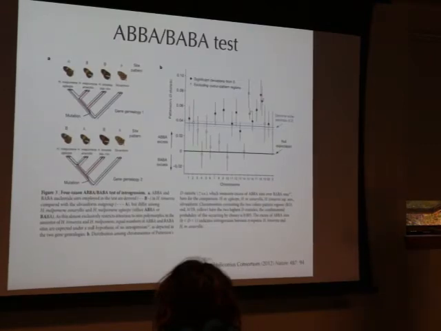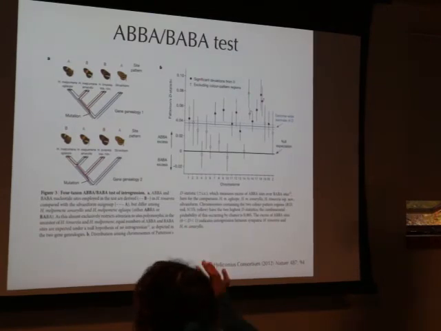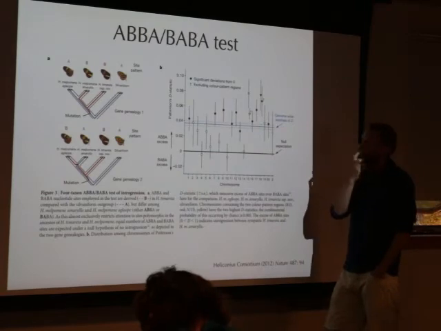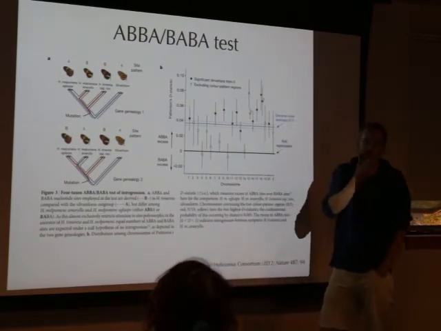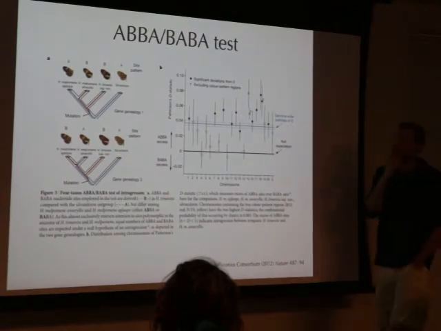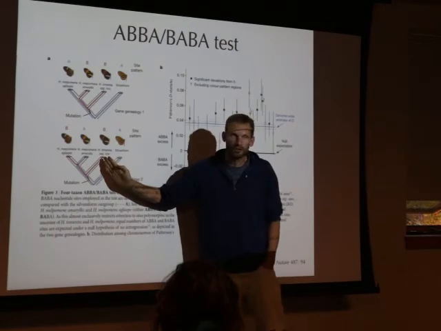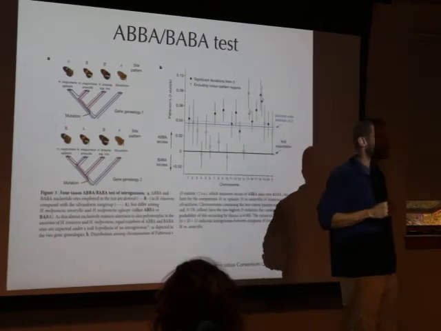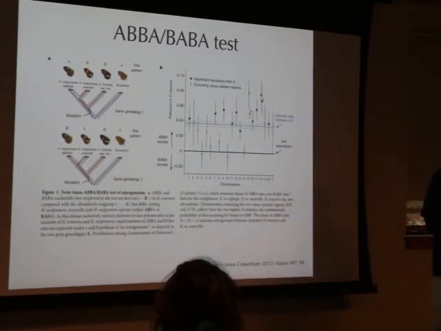Here's another one. How many of you have heard of the ABBA test? Fun to say. The basic idea here is to test for introgression between two species when you have information on outgroup taxa in a phylogenetic context.